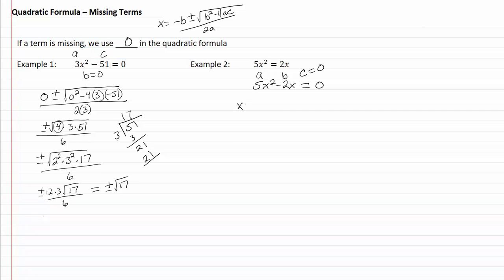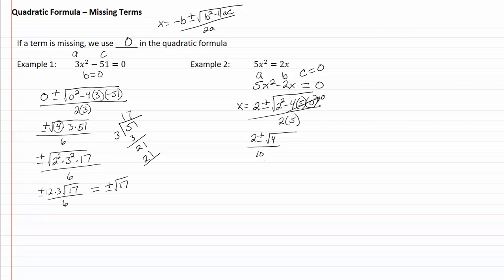We have x equals opposite of our b, so it would be 2 plus or minus the square root of 2 squared minus 4 times our a times our c all over 2 times our a. So this will simplify down to 2 plus or minus square root. This whole thing's going to be 0 there, so we're just going to be left with 4 in there all over 10.